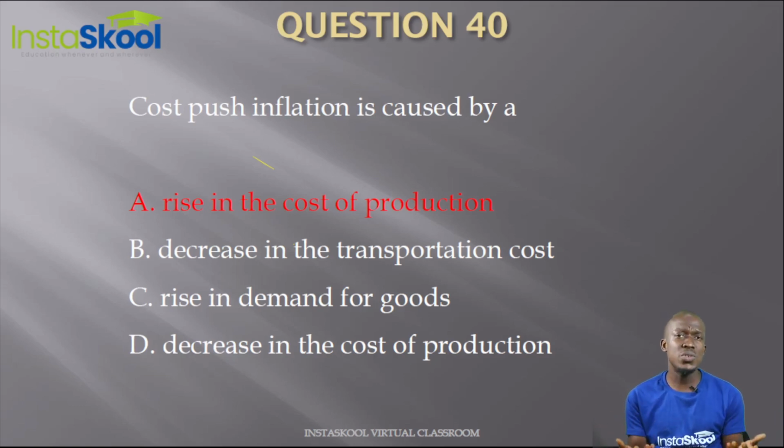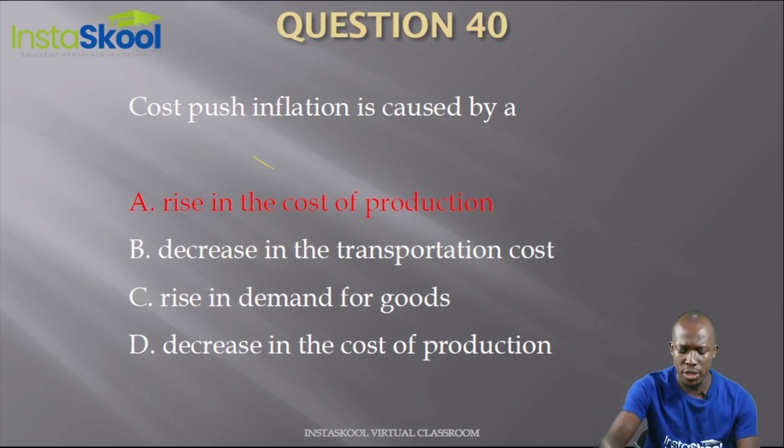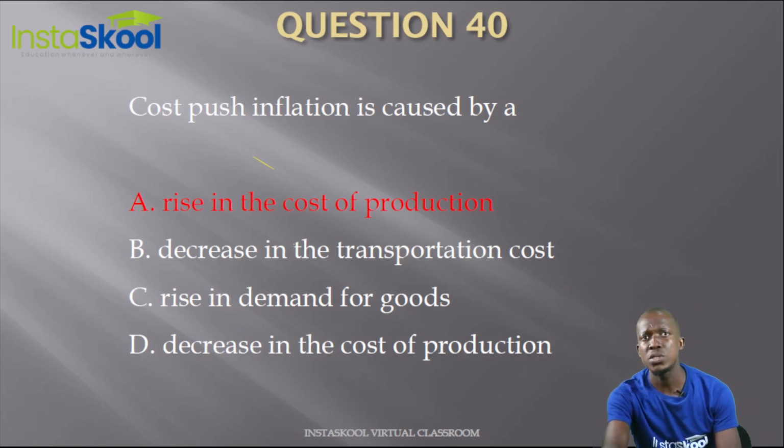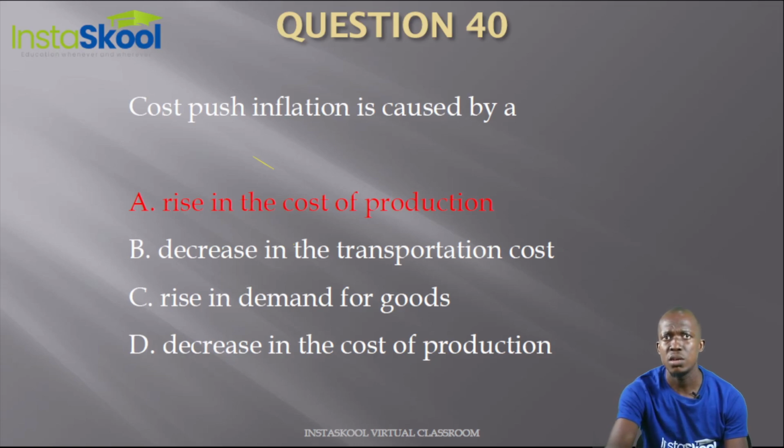So the producers have no choice than to pass the increasing cost to the consumers in form of price. So what causes cost push inflation? It is clearly the rise in the cost of production. Because cost of production has increased, prices also have to increase. So the correct answer is option A.